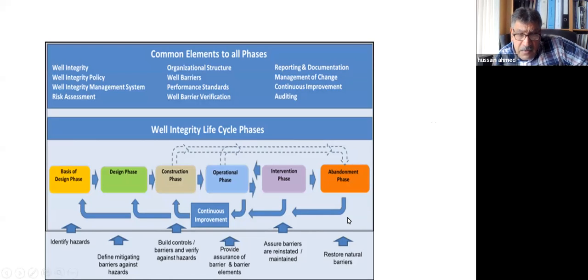The life cycle of the well starts from designing on a piece of paper, and then drilling of the wellbore, the production of the wellbore, and the intervention. Intervention means, what do I do in the wellbore? Oh, you have done acidizing. You have done fracturing.